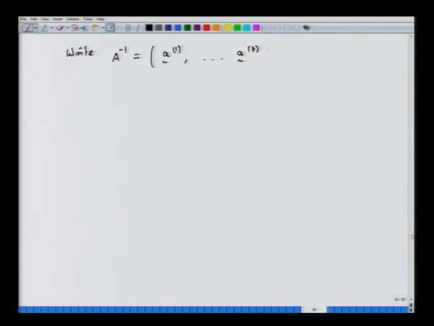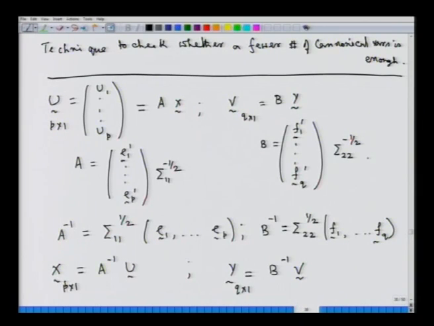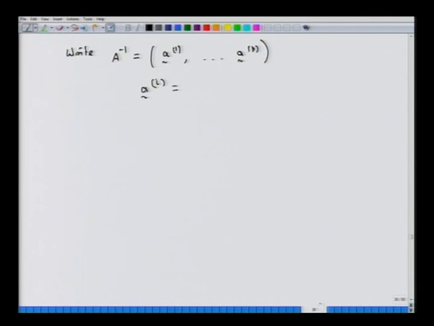Now, what is Ai? Ai is the ith column, and it is given by sigma 1 1 to the power half times the Ei vector. So, Ai is sigma 1 1 to the power half times the Ei vector.